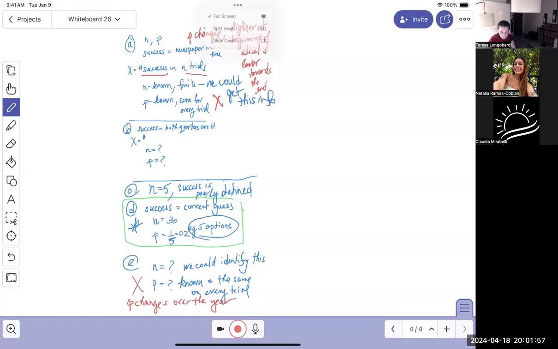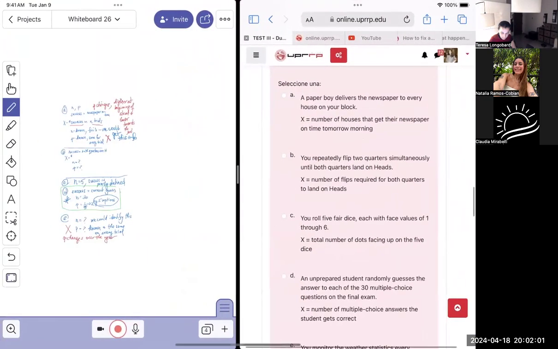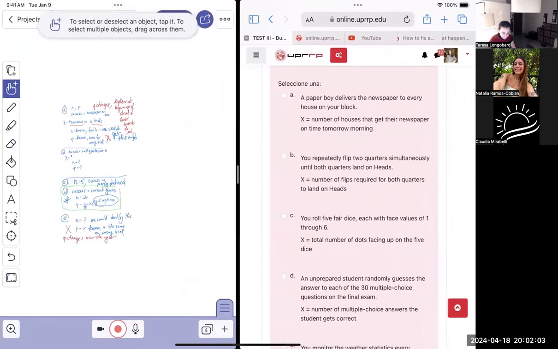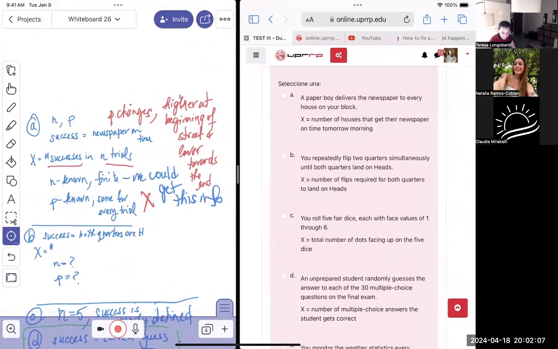So let me remember. A was about the paper boy. B was about flipping two quarters simultaneously until both quarters land on heads. That's the problem with B, is N is not known. You don't know in advance how many times you're going to try.